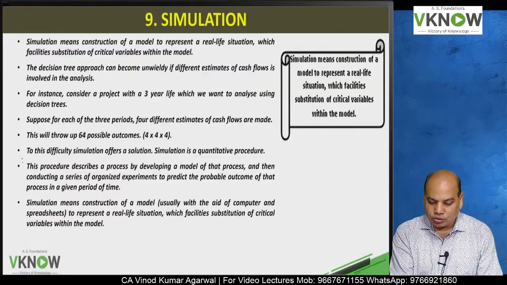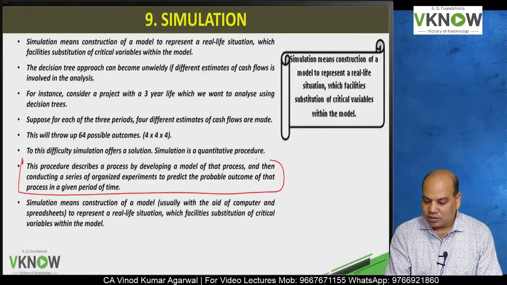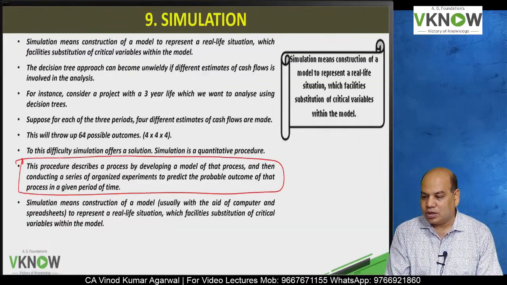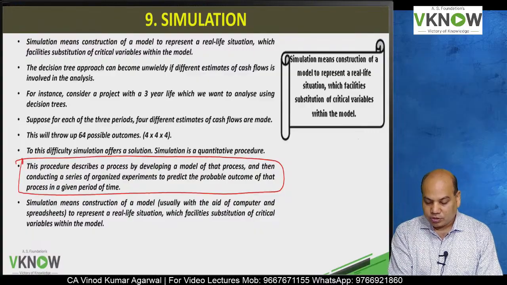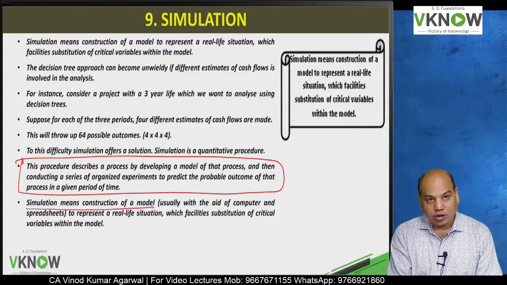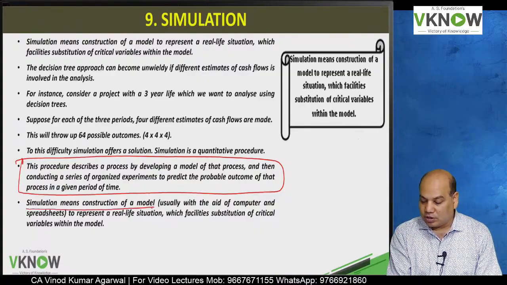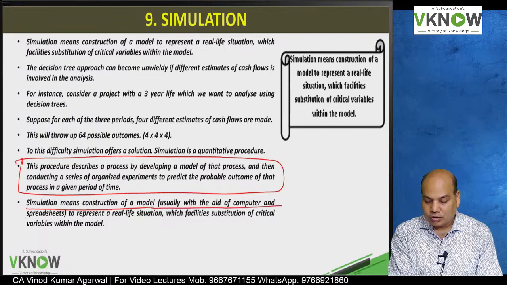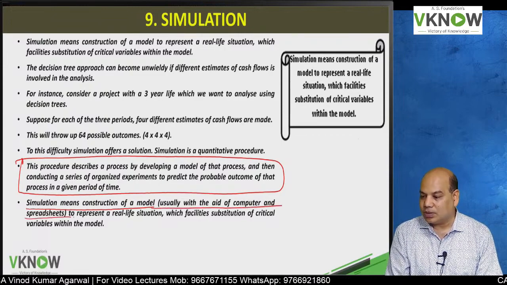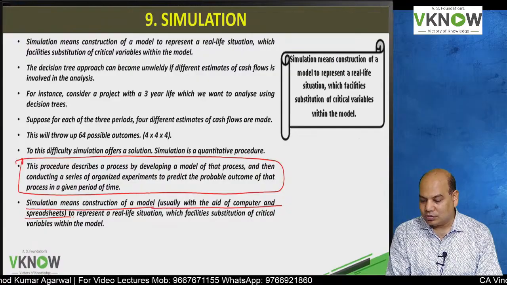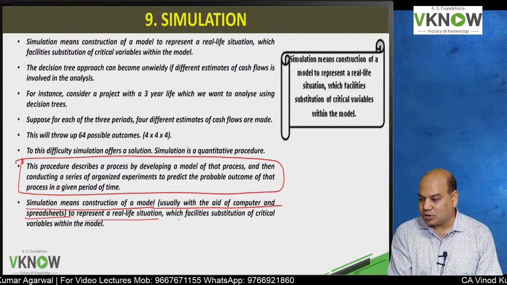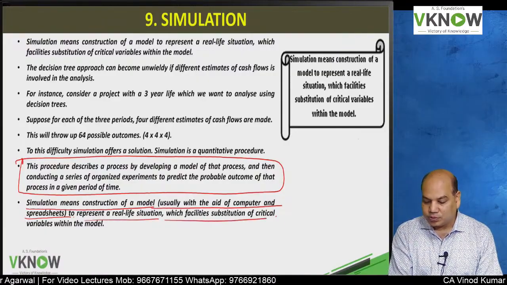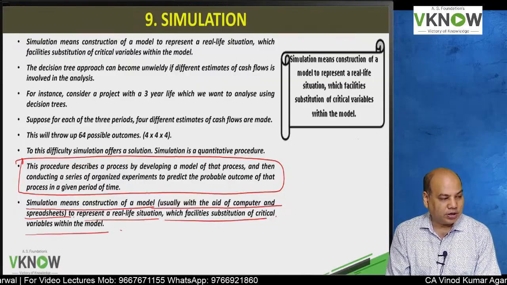Then we are going to change the variables multiple times and see what the outcome is. So first we have to construct a model. Practically, for a complex question, we use spreadsheets, computers, Excel sheets to represent a real life situation which facilitates substitution of critical variables within the model.